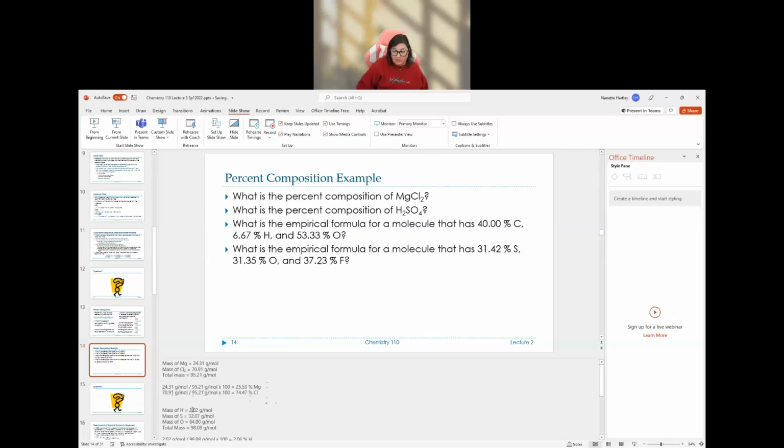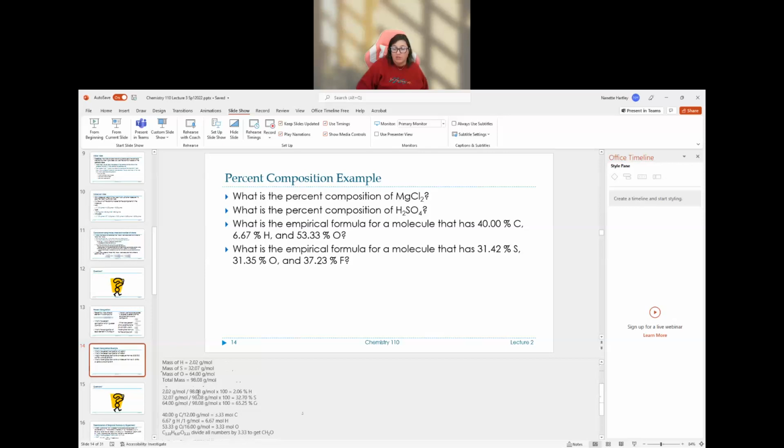Oh, this is the second one. What is the percent composition of H2SO4? Mass of the hydrogen is 2.02 grams per mole. Mass of the sulfur is 32.07 grams per mole. Mass of the oxygen is 64 grams per mole. So 2 hydrogens, 1 sulfur, 4 oxygens. Total mass is 98.08 grams per mole.